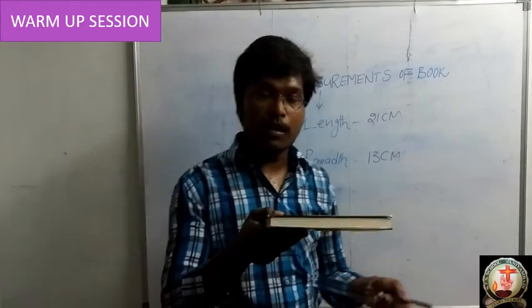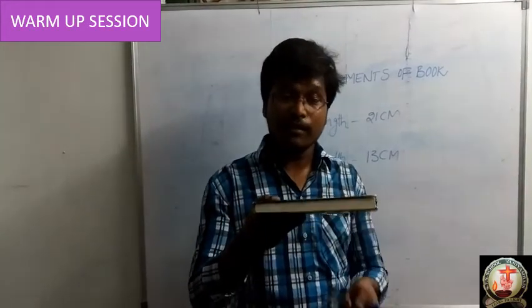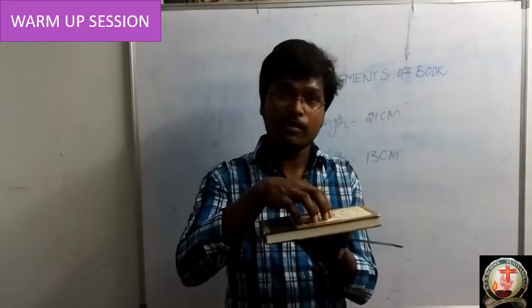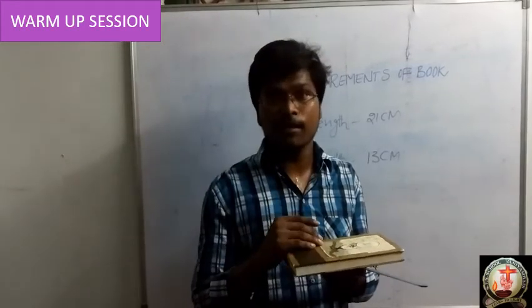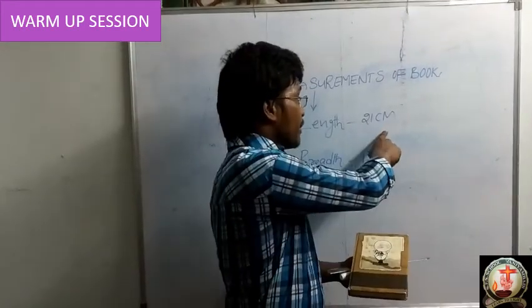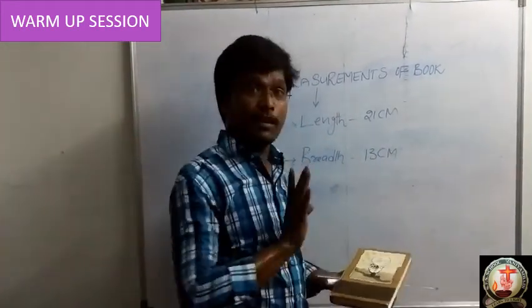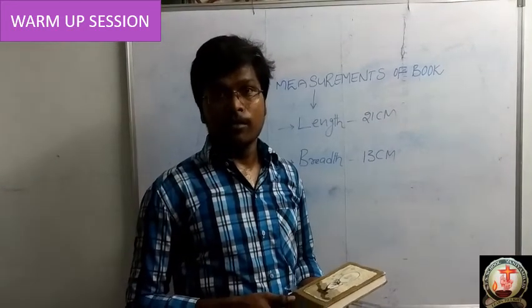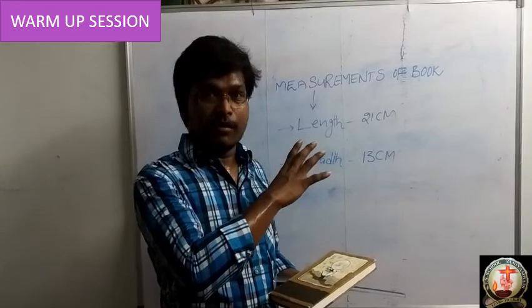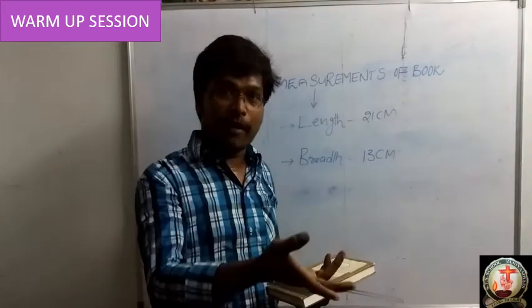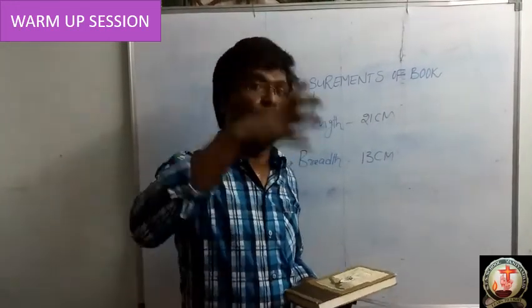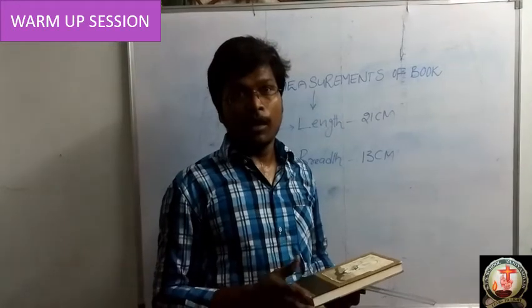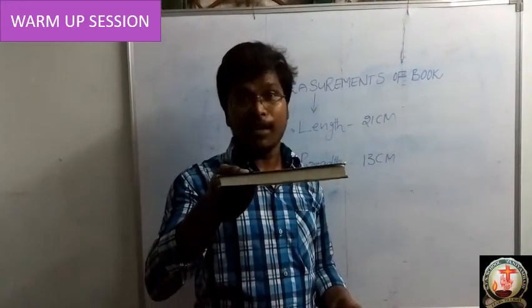Finally, how many measurements does this book have? Two measurements. What are they? Length 21 centimeters and breadth 13 centimeters. Like this way we can find measurements of any object. What is my object here?